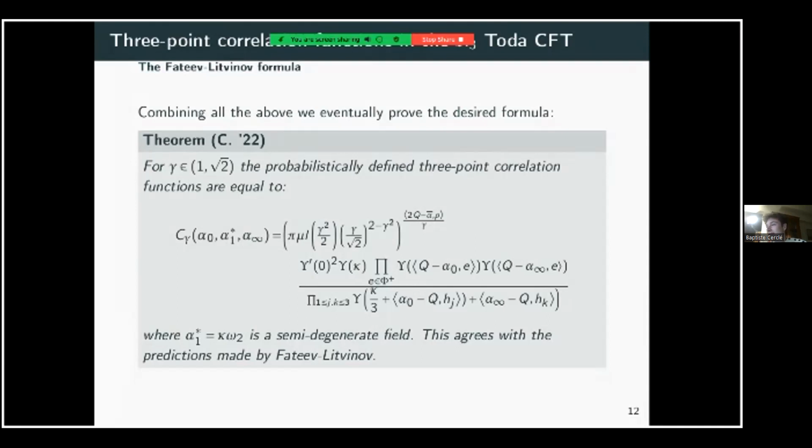And the reason for that is making sense of 4-point correlation functions in this range of parameters of gamma is already a mess. And if you want to go beyond, then you need to describe more precise asymptotics of correlated GMC measures, which may be possible, but is very technical, and actually it's not very interesting, I guess.